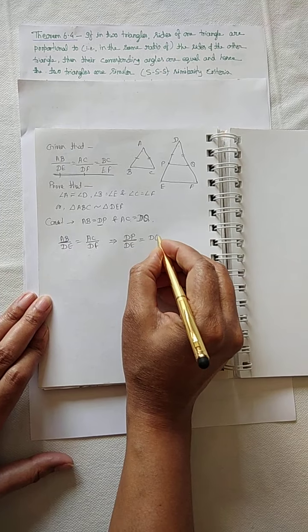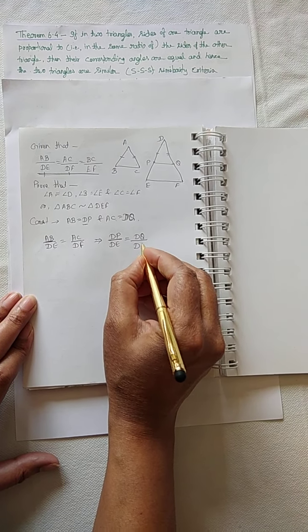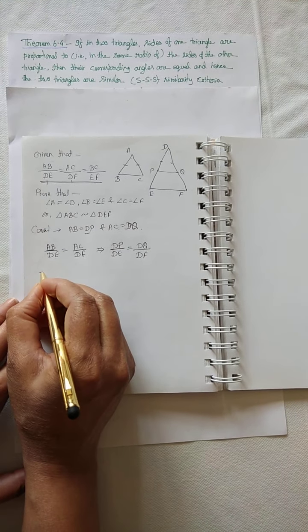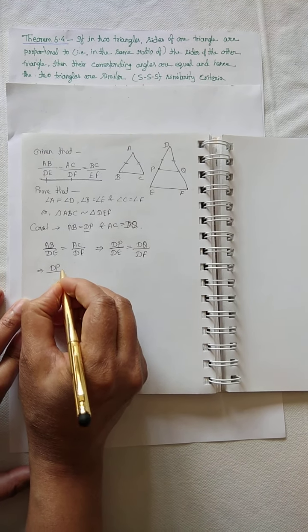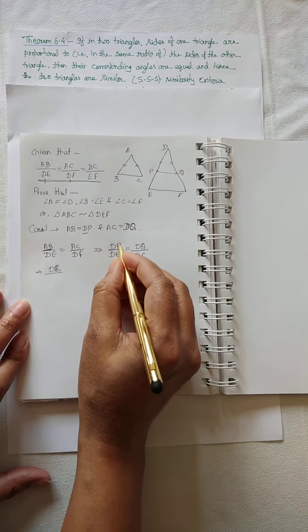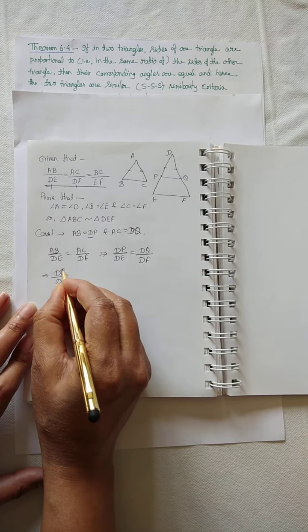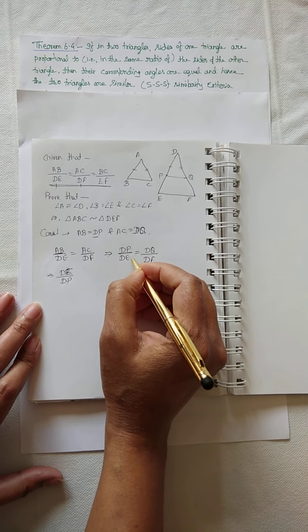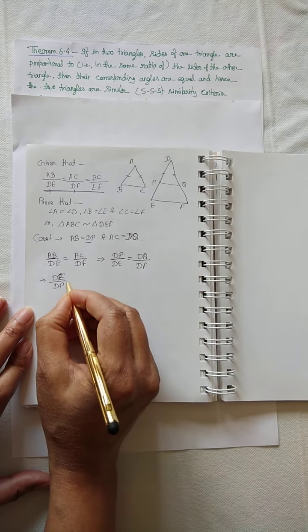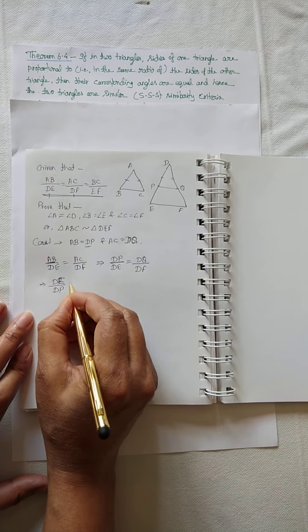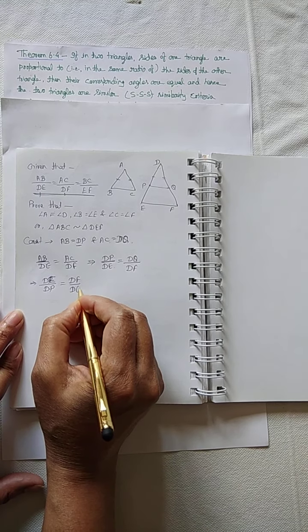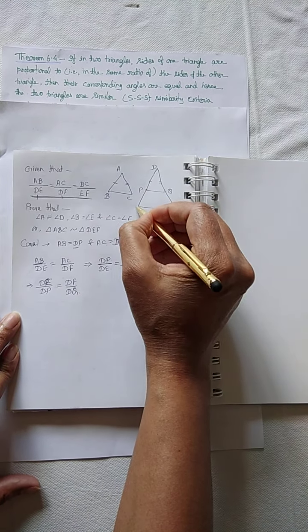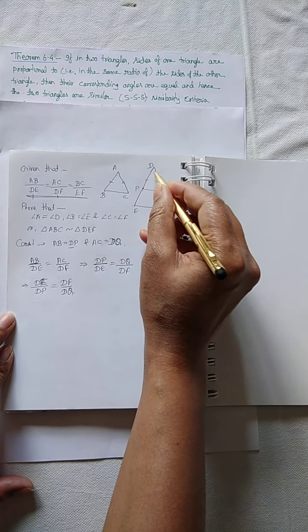AC is DQ, by DF. So we are just changing the position, numerator to denominator and denominator to numerator. So DE by DP equals DF by DQ.